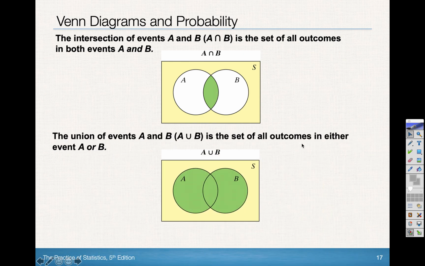A union B means A or B. So that means you can be in A, you can be in B, or you can be in both A and B. So all of the green represents A union B, and it's represented by a U shape in between the A and the B.